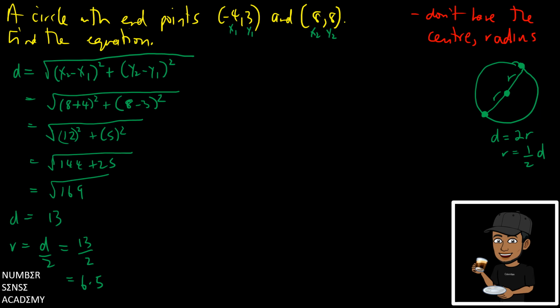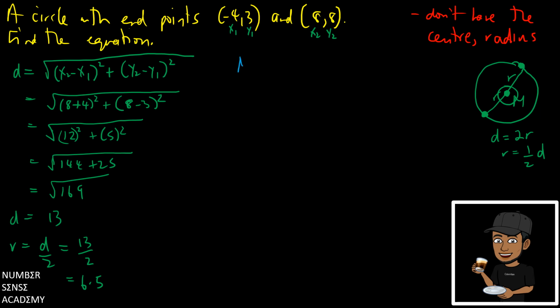Okay. The other part is, the radius is 6.5, but we're not given the center, so we have to figure out what the center is. The center is also the halfway point in the diameter, so I could use the midpoint formula to actually find the center. And then I could use that to firm up my equation.